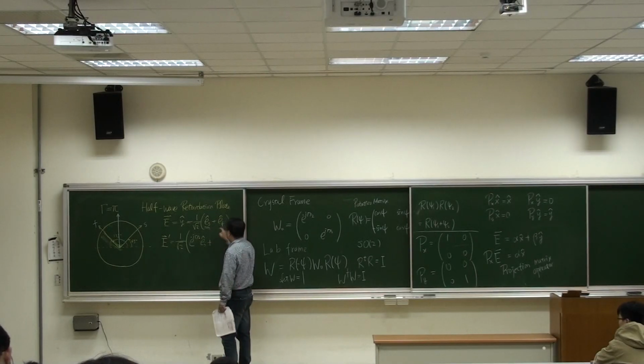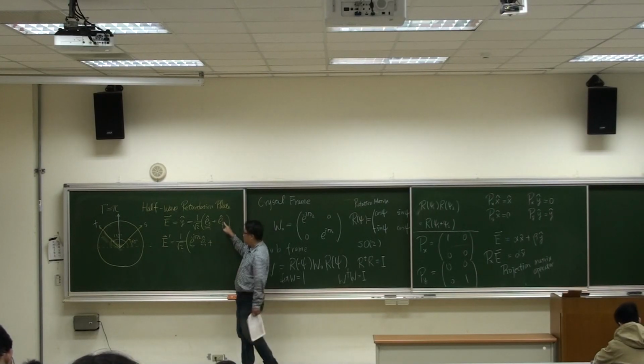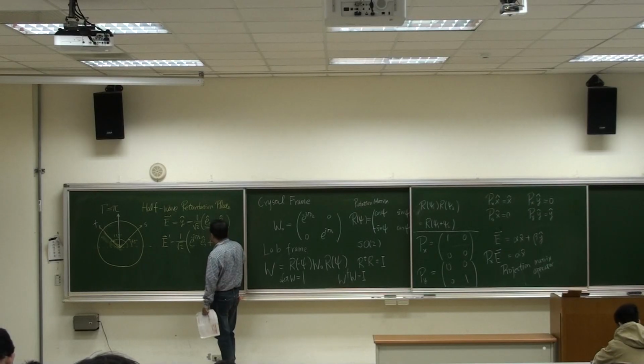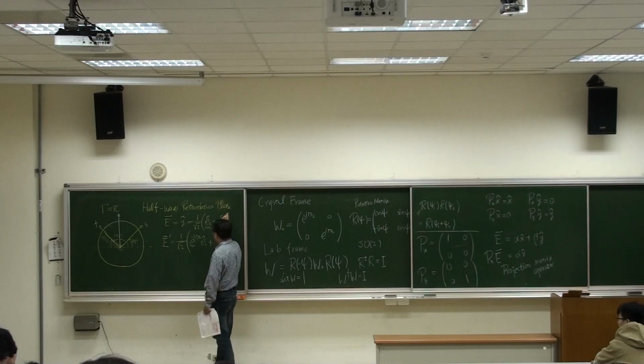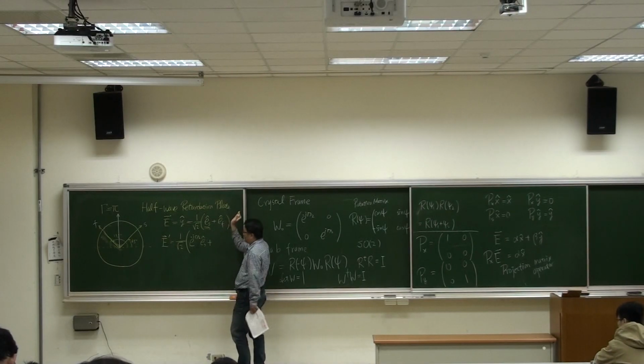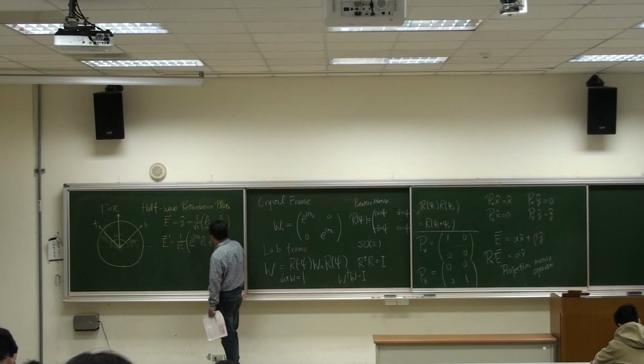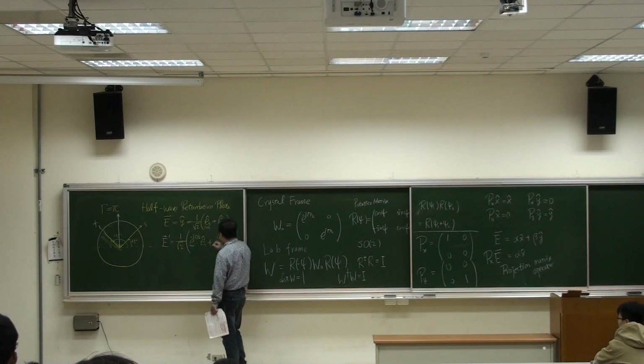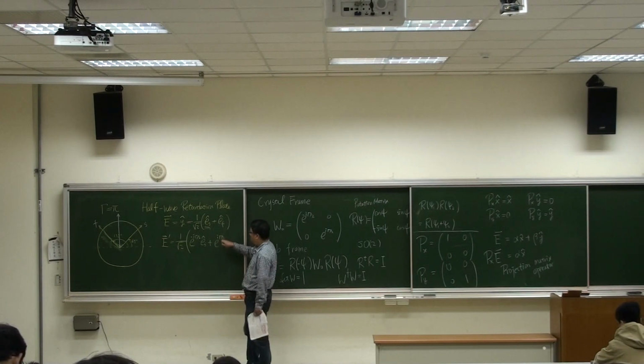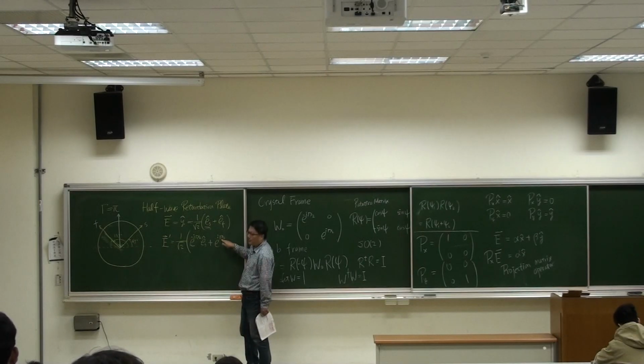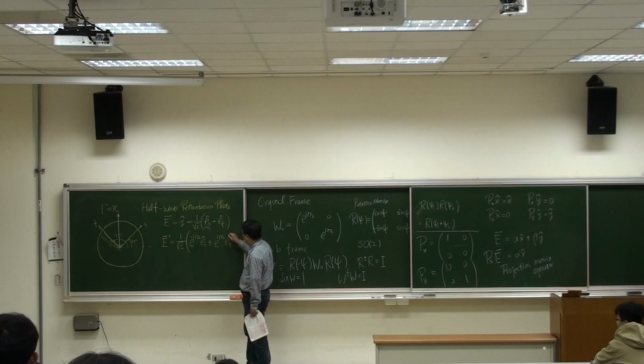And the fast axis, the electric field, the wave having electric field along the fast axis gets the phase difference, the phase factor exponential i gamma, times EF.